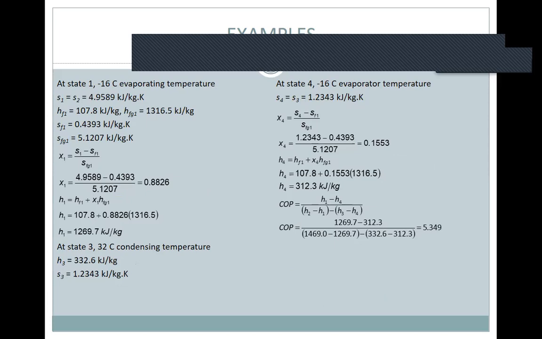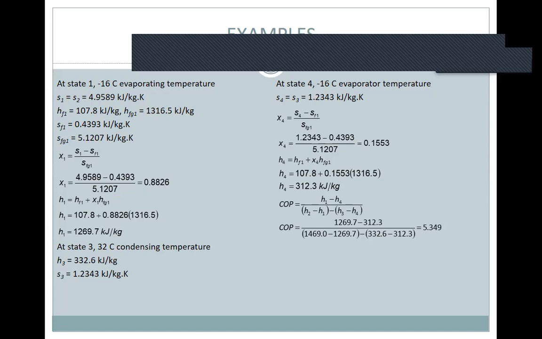So, at state 4, negative 16, evaporator temperature, S of 4 is equal to S of 3. So, 1.2343. So, X of 4 is equal to S of 4 minus SF1. Ganun din kasi yung temperature niya, di ba? Negative 16. So, S of FG1. So, X4 is equal to 1.2343 minus 0.4393 over 5.1207 is equal to 0.1553.